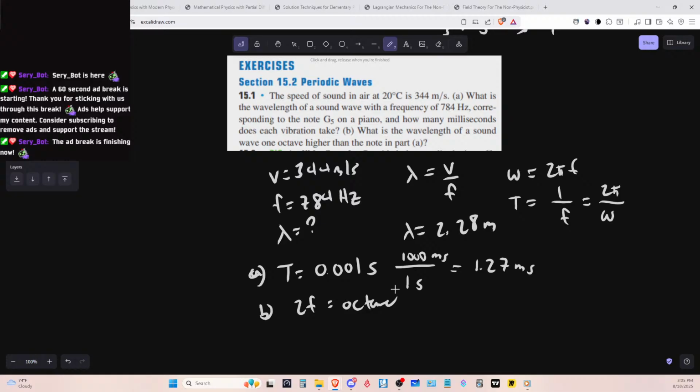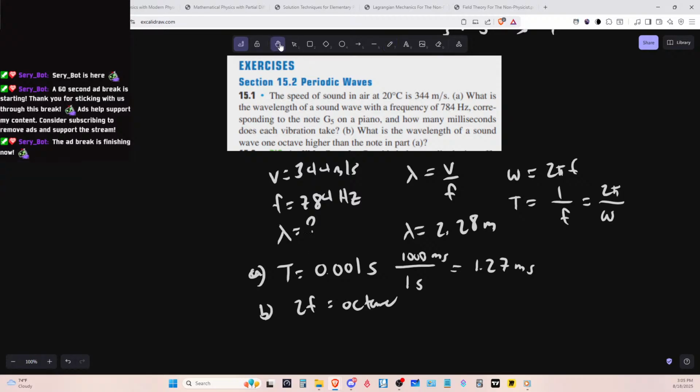So if it has double the frequency, then I think it's going to have a faster period. Because the period is getting closer to 0, it's probably going to take less time.